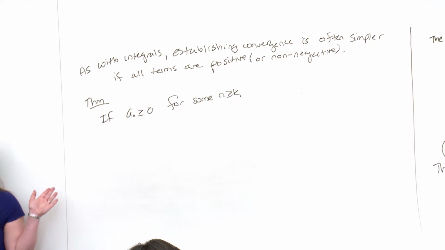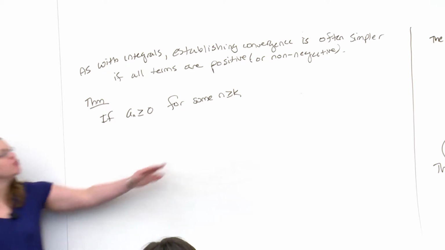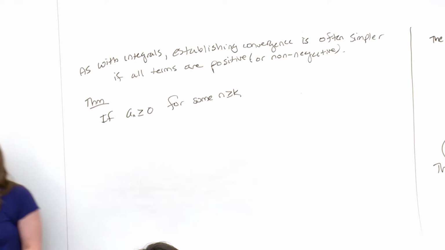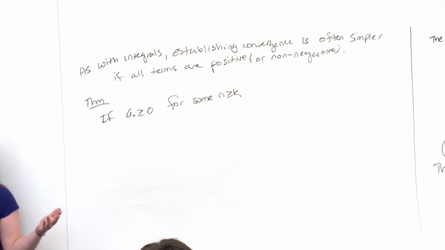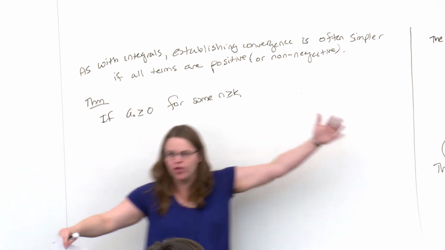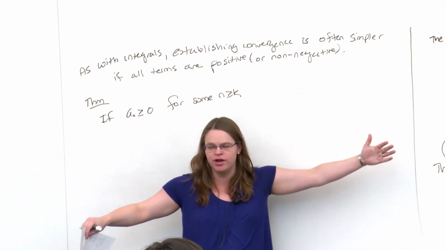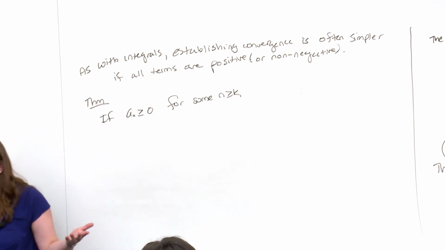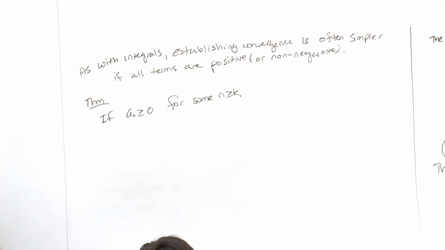So all this is saying is that maybe the first term is negative, and maybe the second term is negative, and maybe the 10th term is negative. But eventually there comes some point beyond which the terms are positive, right? It's not a big deal what happens for the first few terms. What really matters is the bulk of the terms. So we start from here and go to infinity. Does that converge? Great. Then we can add on the first 10 terms, and it'll still be a finite number, right?